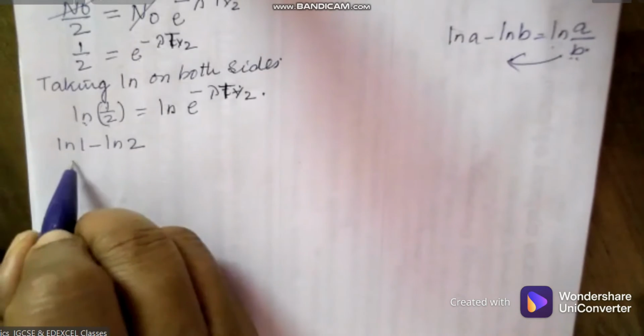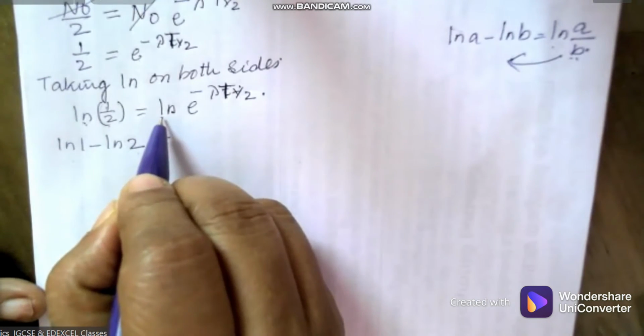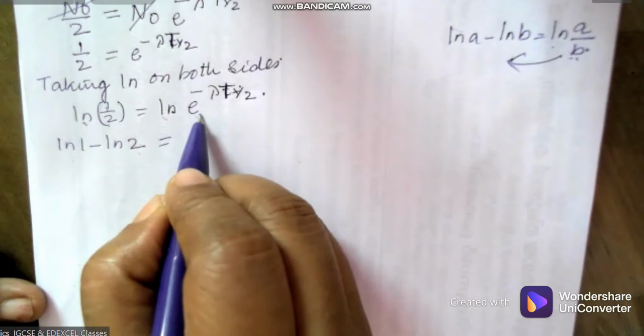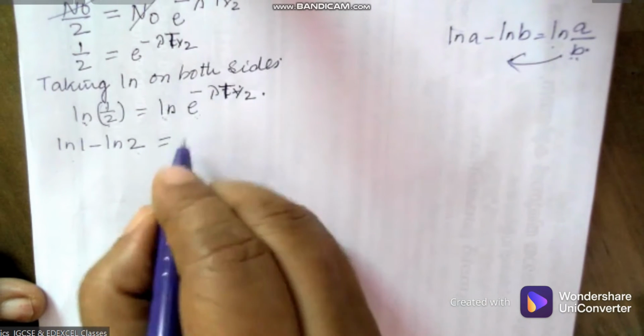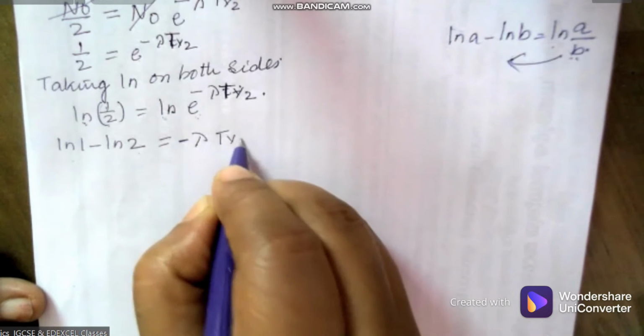So how to expand? ln 1 minus ln 2. Okay, ln 1 minus ln 2 is equal to, now I told you log and exponents are opposite. So both of them get removed. What is left is minus lambda t half.